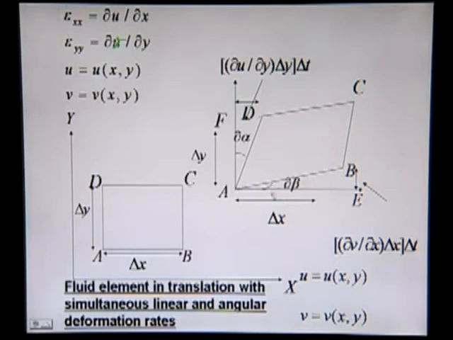So that's why we will have this angle. This angle is designated as delta alpha. Now how can we calculate this delta alpha?